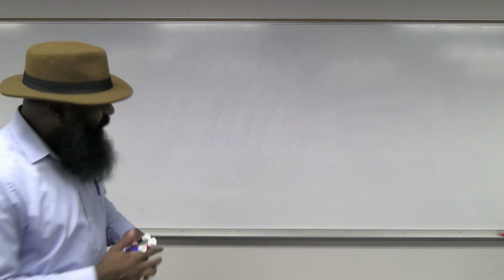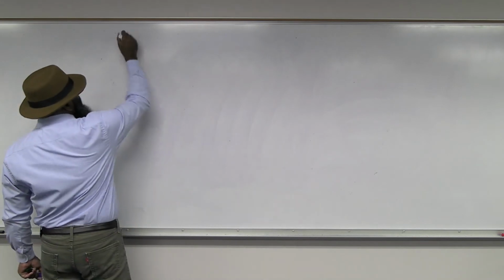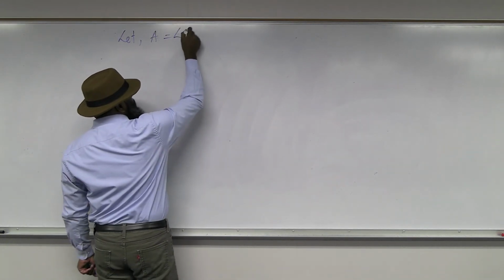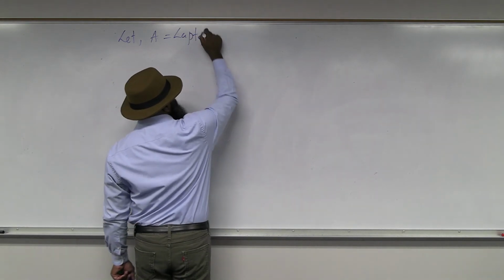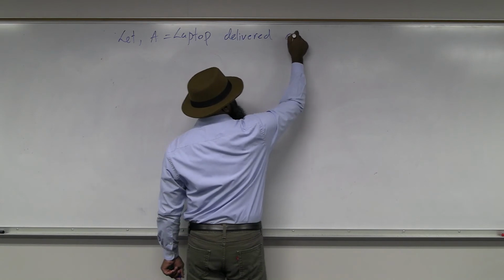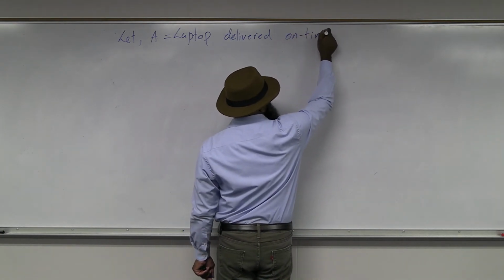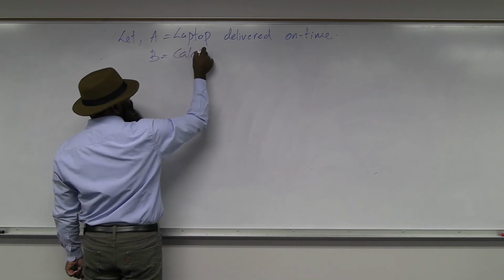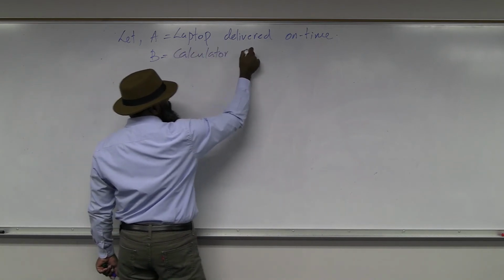So I will define the two events. I will let A be the event that the laptop is delivered on time, and I will let B be the event that the calculator is delivered on time.